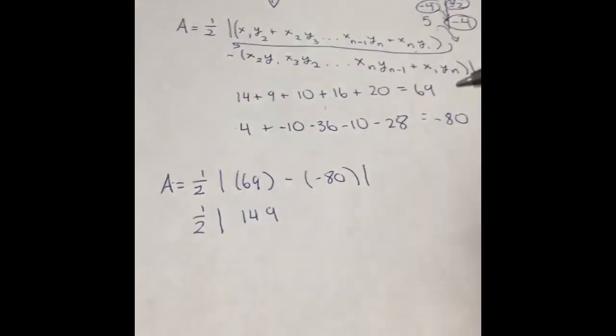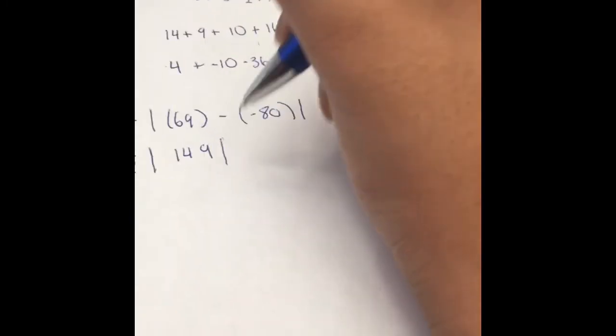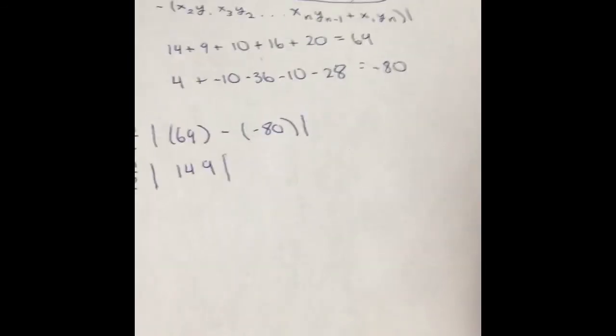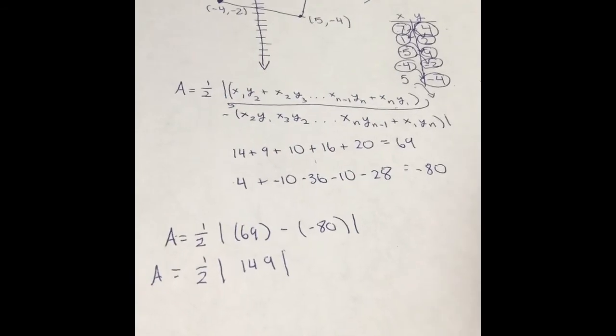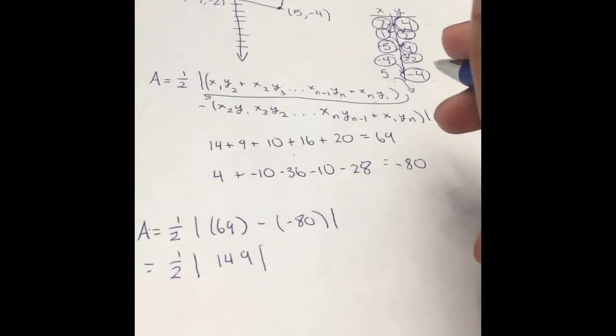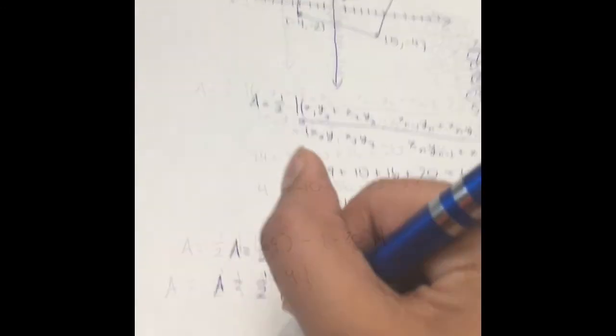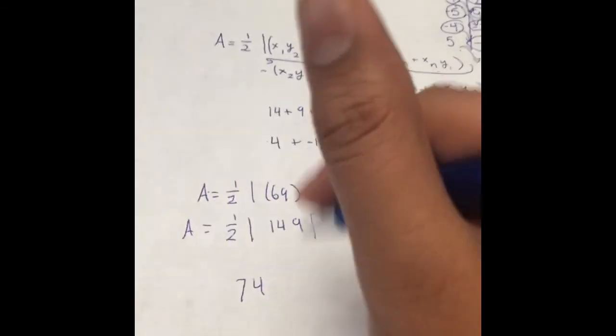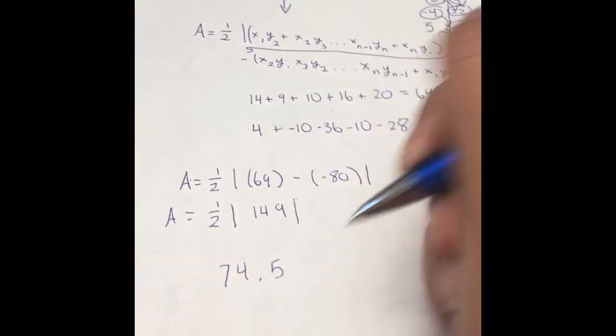So the area would be 1/2 times the absolute value of 149. So since the absolute value of 149 is 149, we get that the area of the pentagon is 74.5 units squared.